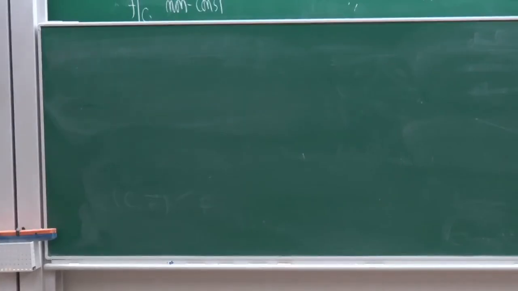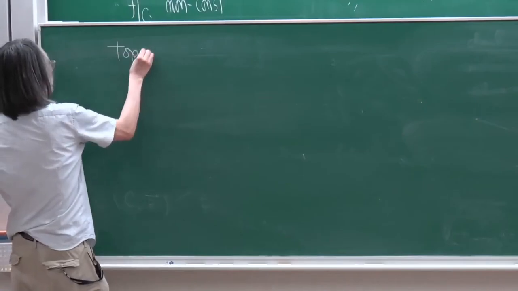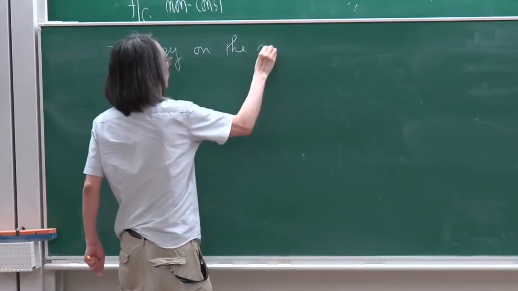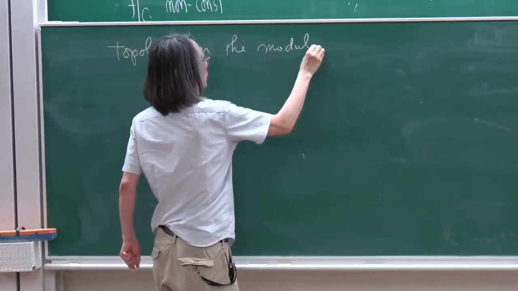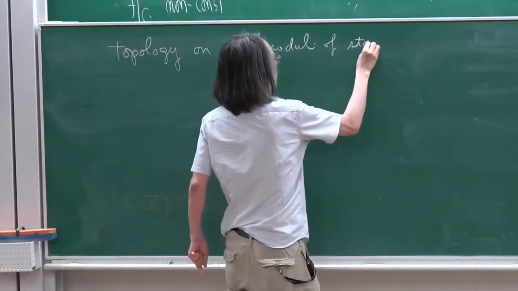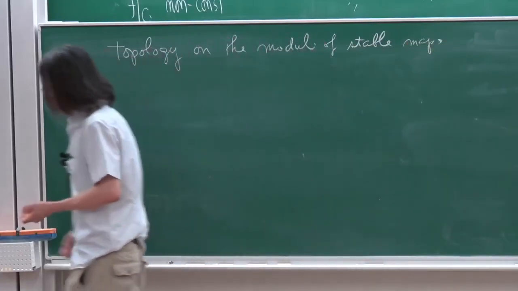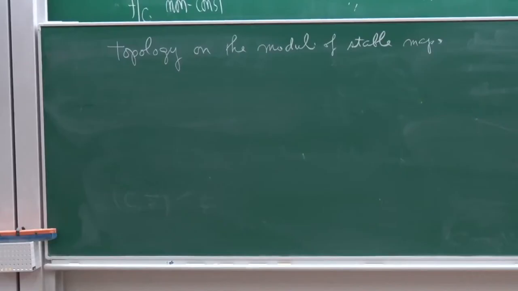So what is the convergence of stable maps, right? So the topology on the moduli of stable maps. For simplicity, I just talk about the limit of a sequence.